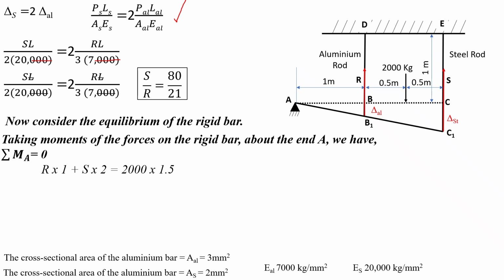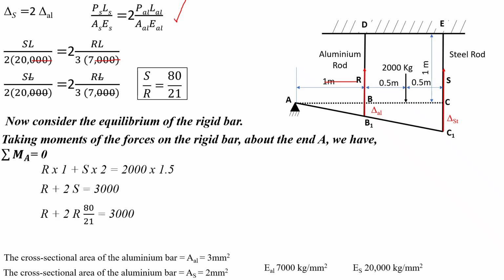So 2000 kgs acts downward, and R and S tensile forces act upward. So R into 1 plus S into 2 equal to 2000 into 1.5. This equation can also be written as R plus 2S equal to 3000.